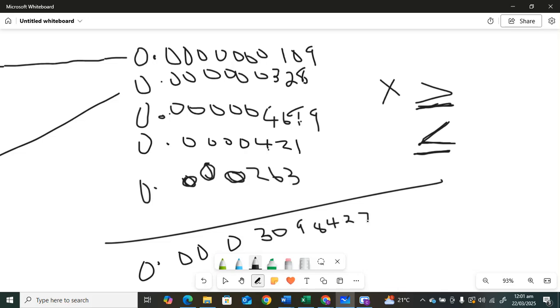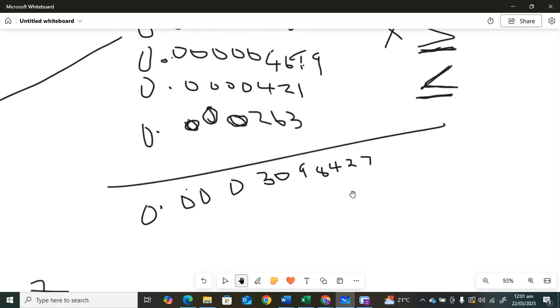Okay. Colleagues confirm. It's the same as 0.03%.